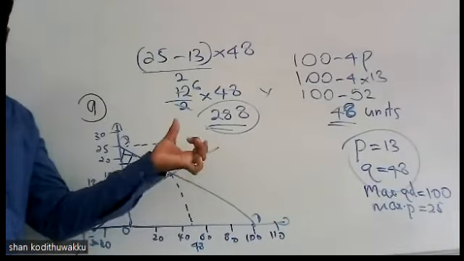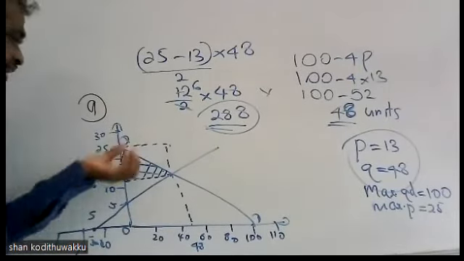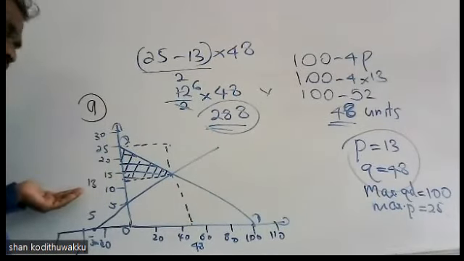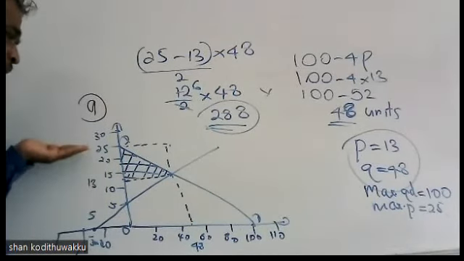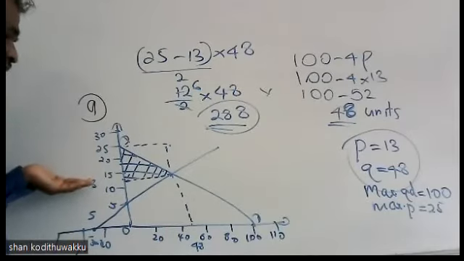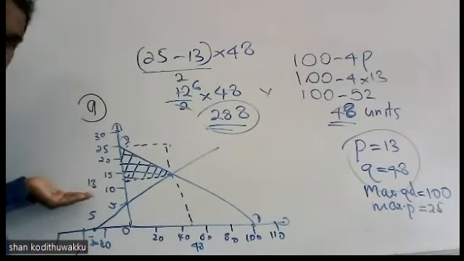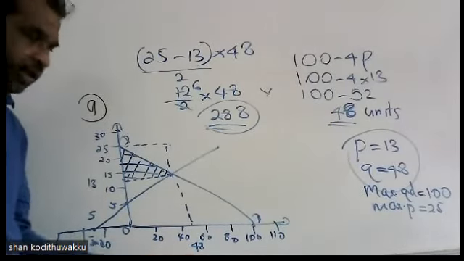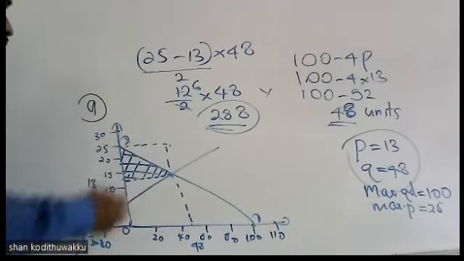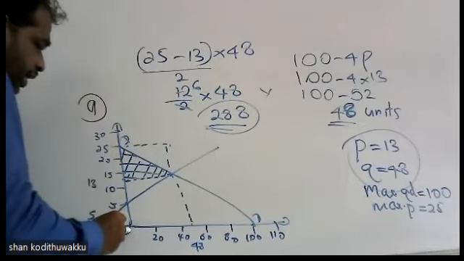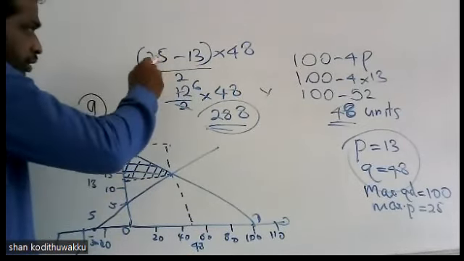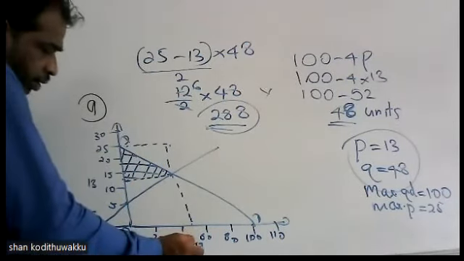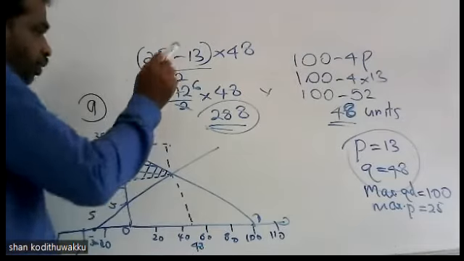That is the amount the consumers can save from their spending because of the market equilibrium 13, but they are ready to pay 25. Then they can save something. That is the difference between 25 and 13. That is consumer surplus. 25, this area, the full area, 0 to 25, we take the market equilibrium price 13 and multiply by quantity demanded 48.